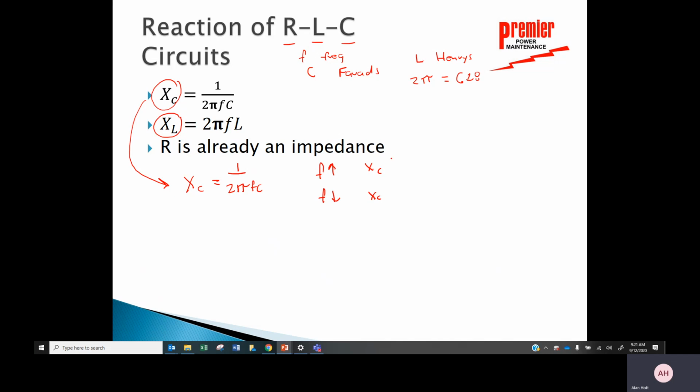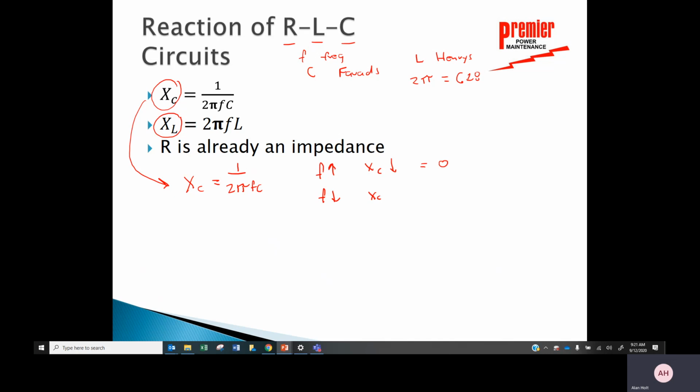So X sub C would go down and down and down. As a matter of fact, as the frequency got really, really large, then this X sub C could approach 0.